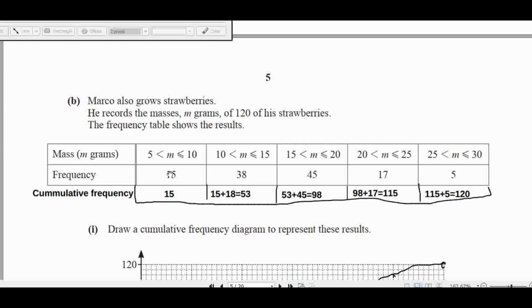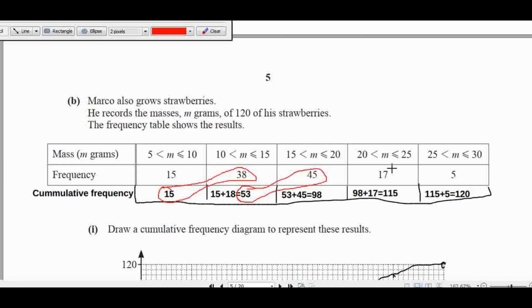This is 15, and then for the next I will add this 15 to 38. Then this answer will be added to 45, like this. 15 will be added to 38 to get the cumulative frequency of this group, and then this 53 will be added to 45, because cumulative frequency gives the number of strawberries which are less than a given mass. The number of strawberries whose mass is less than 20 grams is all of those, so we add them.